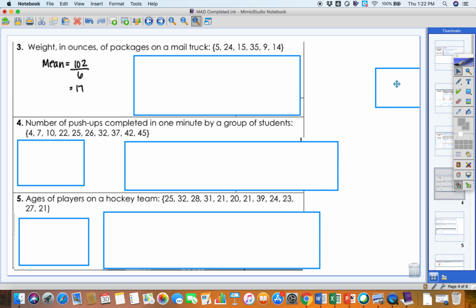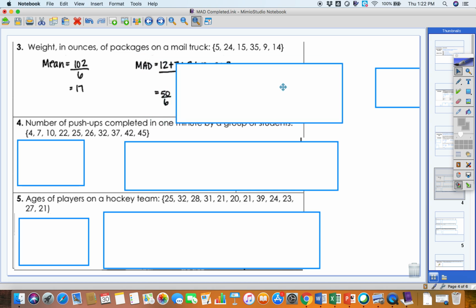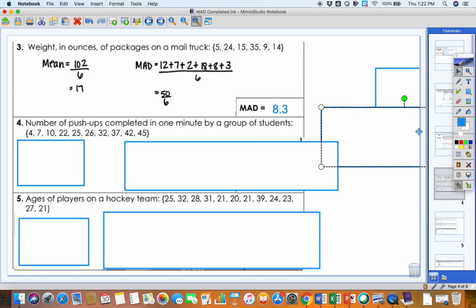Here, for the mean absolute deviation, 17 minus 5 is 12. 24 minus 17 is 7. 15 minus 17, again, absolute value is 2. 35 minus 17 is 18. 9 minus 17 is negative 8, but again, the absolute value. And then 17 minus 14 is 3. You sum all of those distances and divide, and you get 50 divided by 6, which is 8.3.